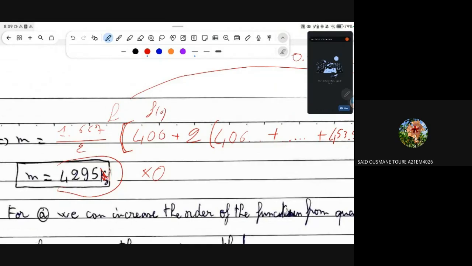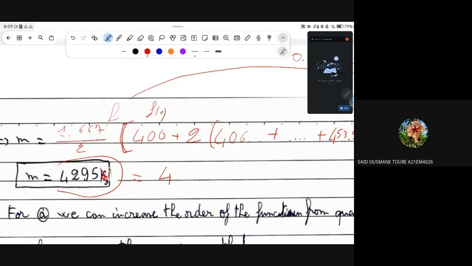It's gram per centimeter. If you multiply this one, no, you multiply it by 0.1 only.